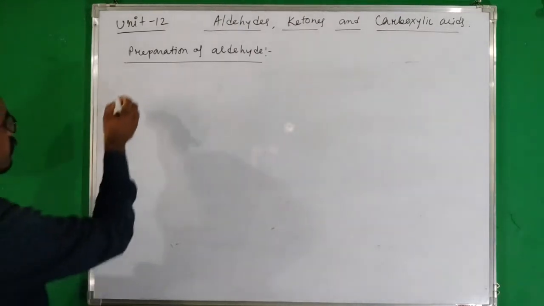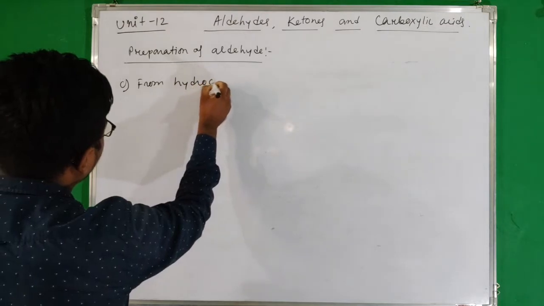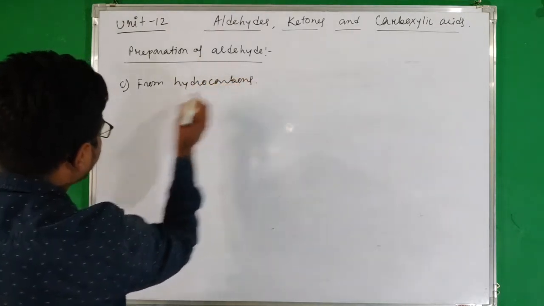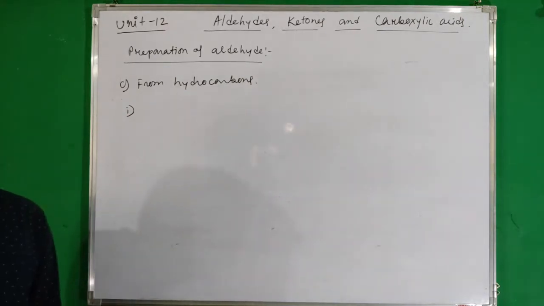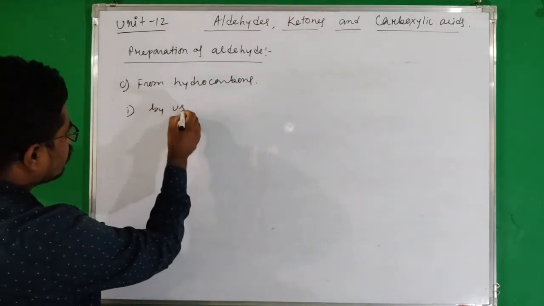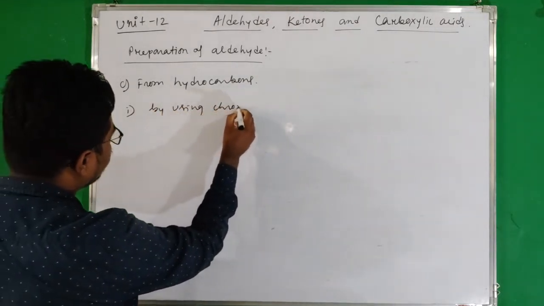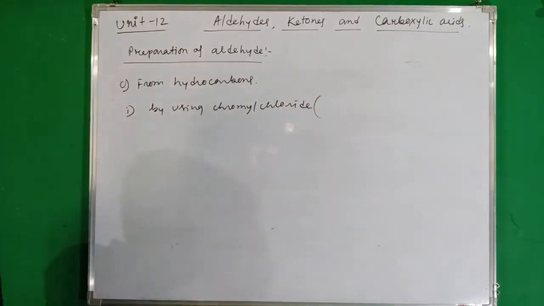So number C, from hydrocarbons. Number 1, we can prepare benzaldehyde by using chromyl chloride, and the formula of chromyl chloride is CrO2Cl2.